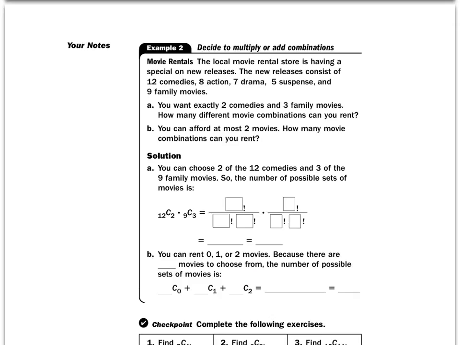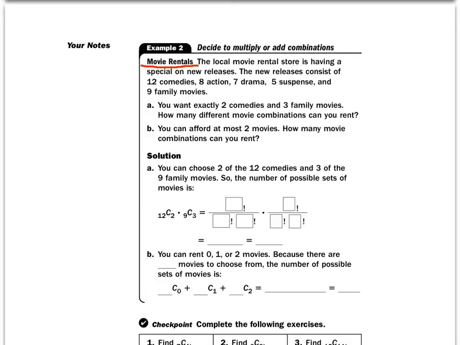All right. Here on the second page, it says example 2, decide to multiply or add combinations. This can get kind of important. So in movie rentals, it says here, let's switch to something a little nicer than red. The local movie rental store is having a special on new releases.